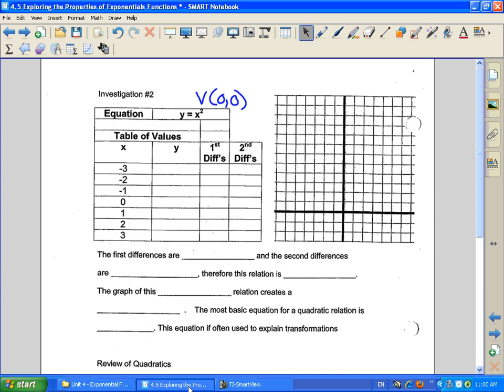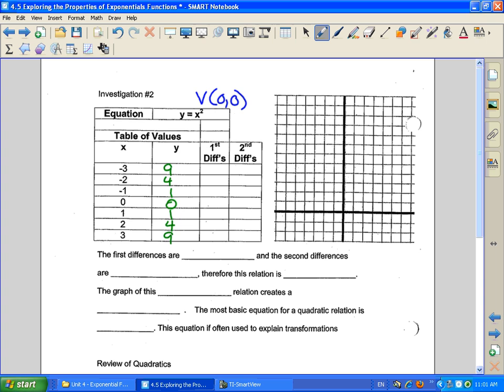Again, if you don't have a graphing calculator, folks, just substitute these values into your equation and find the corresponding output or y value. So you've got 9, 4, 1, 0, 1, 4, 9.